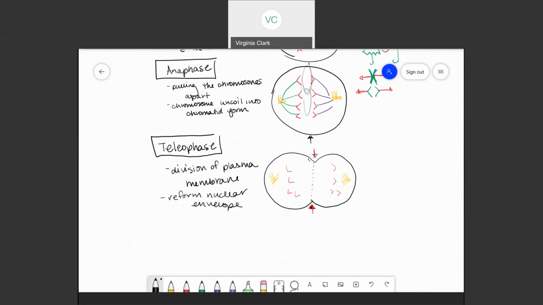And as you reform the nuclear envelope, you will start to put the surrounding layer, that bilayer nuclear envelope, back around the cell. At the end of telophase, when this is all said and done, you should have two daughter cells that have a centriole in each, a nuclear envelope, and the DNA.